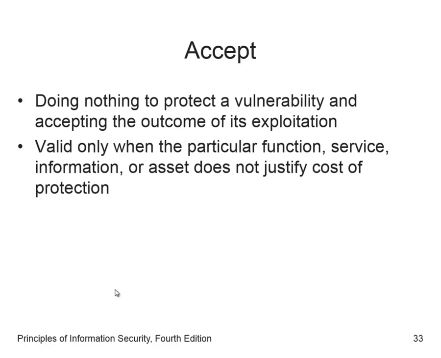The fourth control strategy is acceptance, where an organization evaluates the risk of vulnerability and allows the risky state to continue as is. The only acceptance strategy is recognized as valid when the organization has determined the level of the risk.